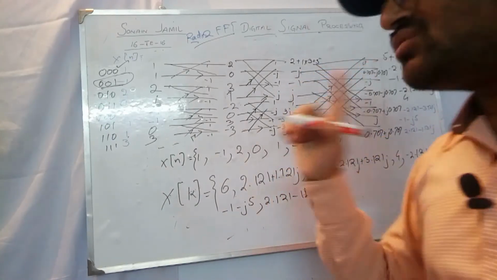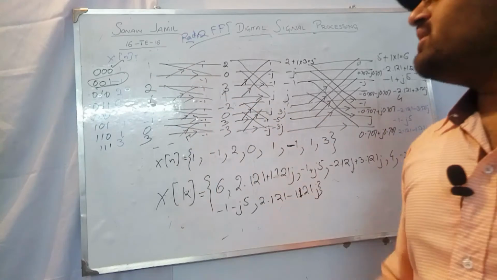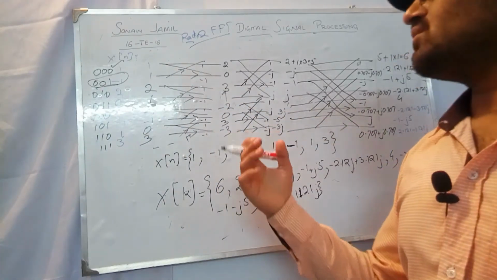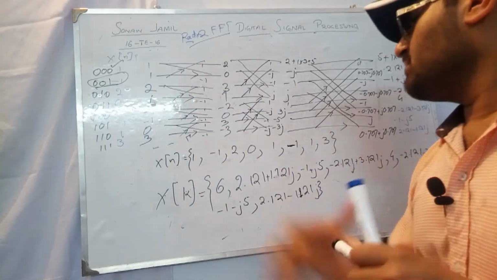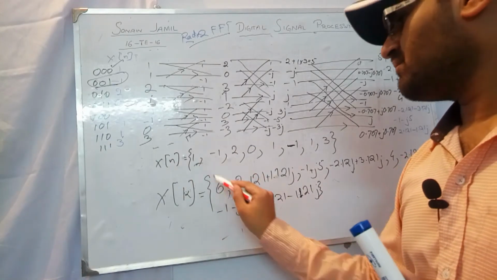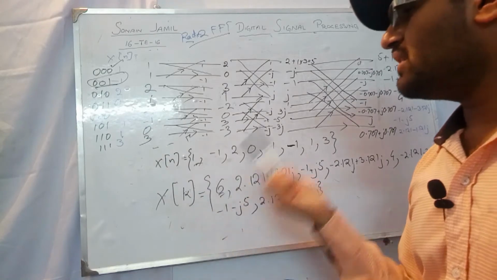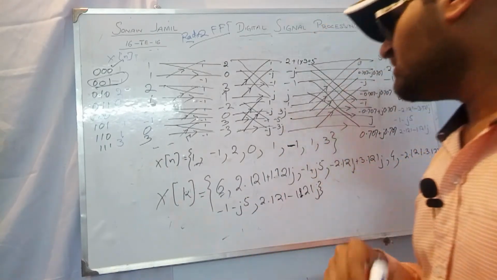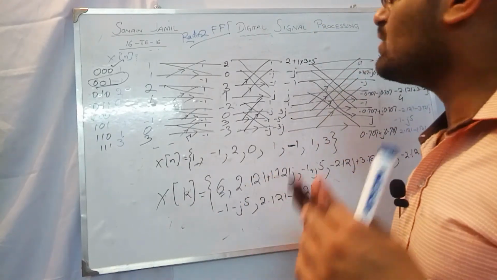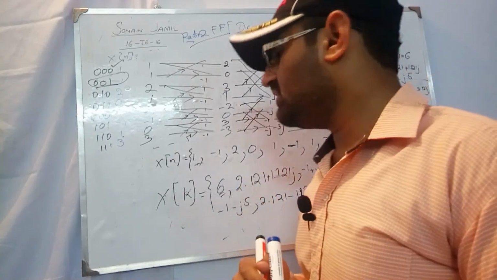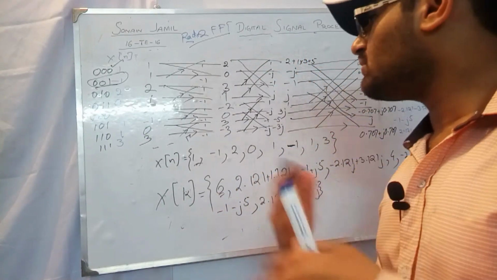So if we conclude this, I have 8 samples in time domain. And if I want to calculate DFT directly, I will have to use the long lengthy formula of DFT, and it will take a lot of time.